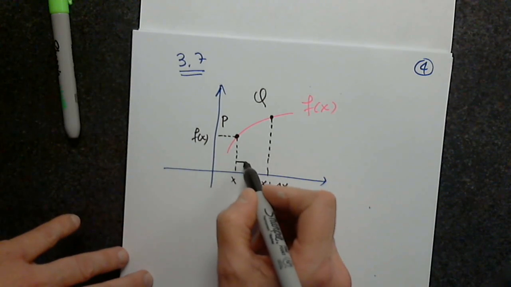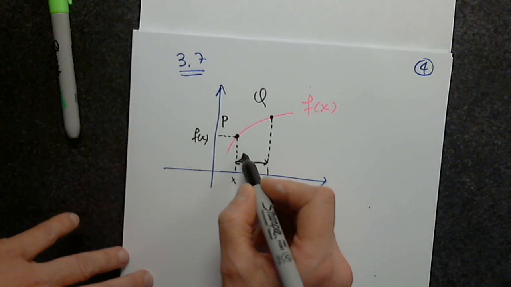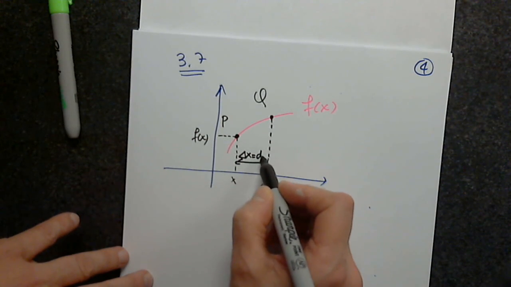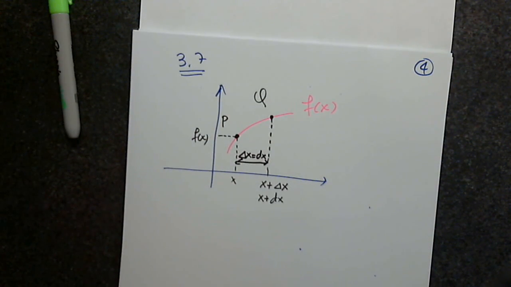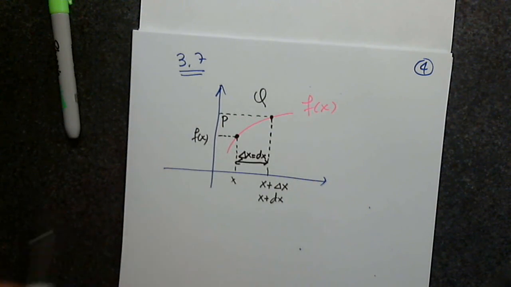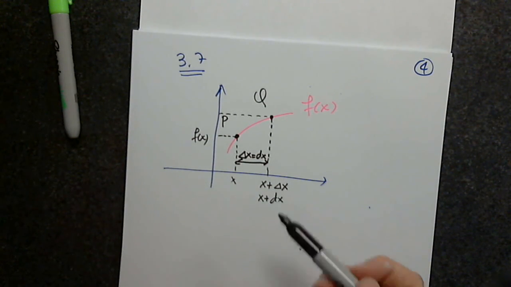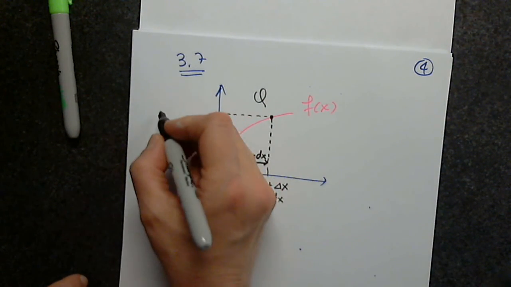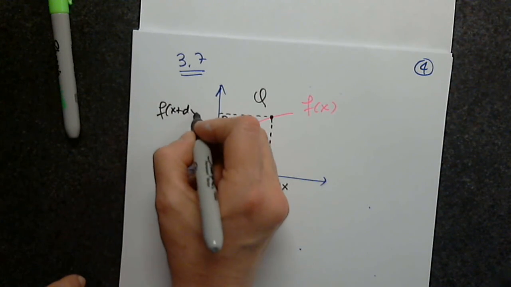In other words, delta x is the same as dx. And of course, the corresponding y coordinate of Q, it doesn't matter which one I use, I'm going to use dx. So it's f of x plus dx.